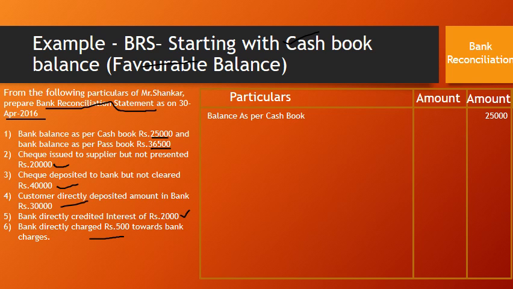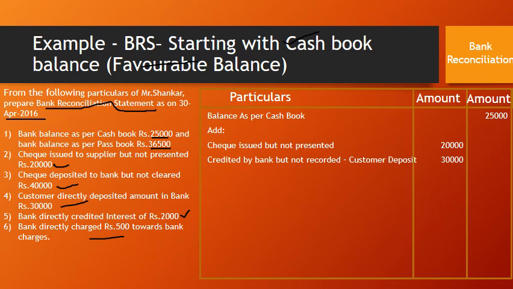Then we need to add check issued but not presented, 20,000, credited by bank but not recorded, 30,000, and credited by bank but not recorded, interest, 2,000. When I add all these three, 52,000 comes.